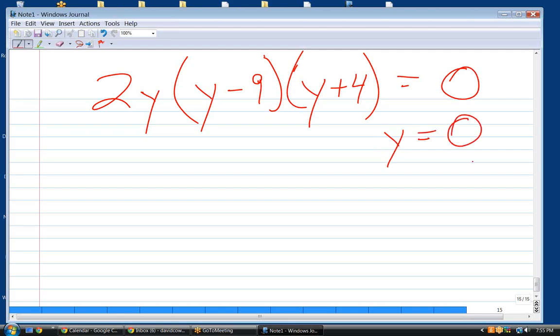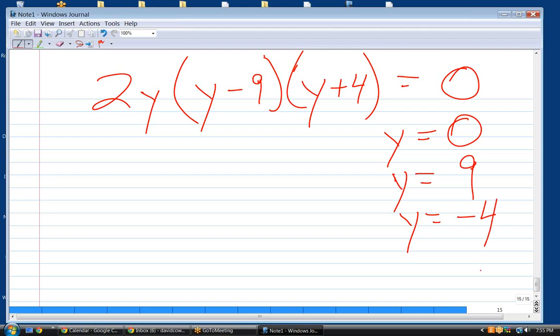Most people will miss that one, believe it or not. If I give this problem to most of my students, they'll say y equals 9 or y equals minus 4. They forget that this can be 0 also, if it's just a variable sticking out there. So it's good that you're picking that up. And then the other two? y equals positive 9, and y equals negative 4.